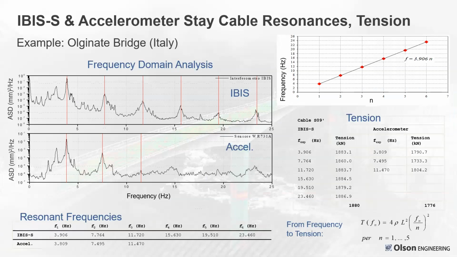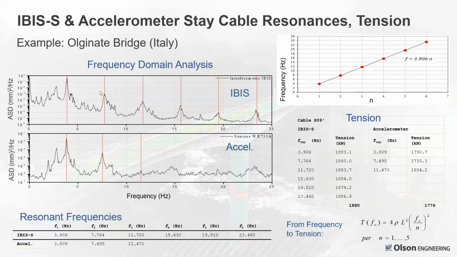Again, we can do the Fourier transform on that time domain data to look at the resonant frequencies of those cables. So you do get additional resonant frequencies in the data that are maybe due to the bridge itself. So you kind of have to know, you're mainly looking for these predominant resonant frequencies that are at intervals.